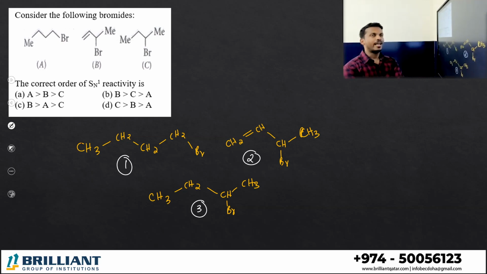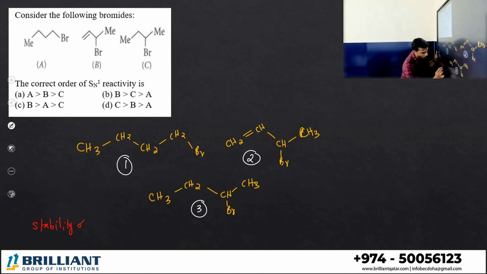Dear student, in the SN1 mechanism the first step is formation of a carbocation, so it depends on the stability of the carbocation. Let me give you the entire stability order, and all of you keep it in mind.